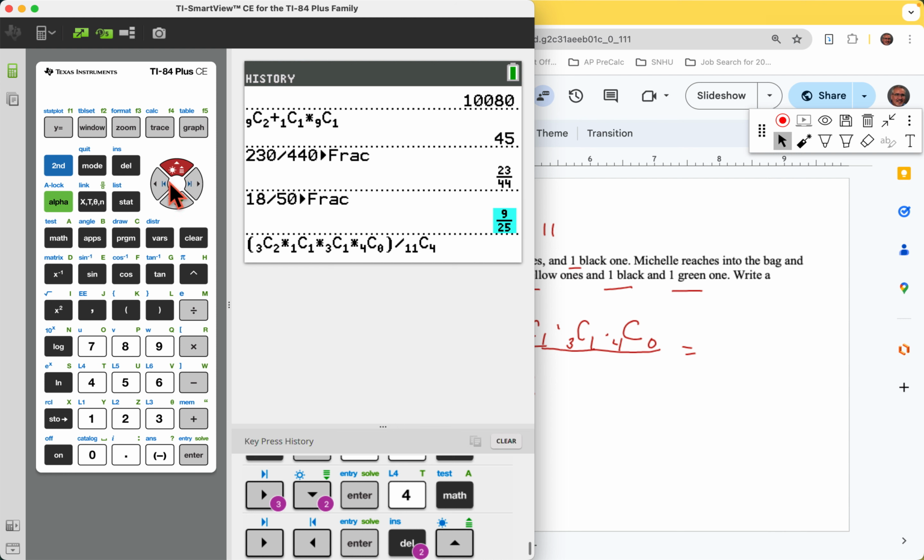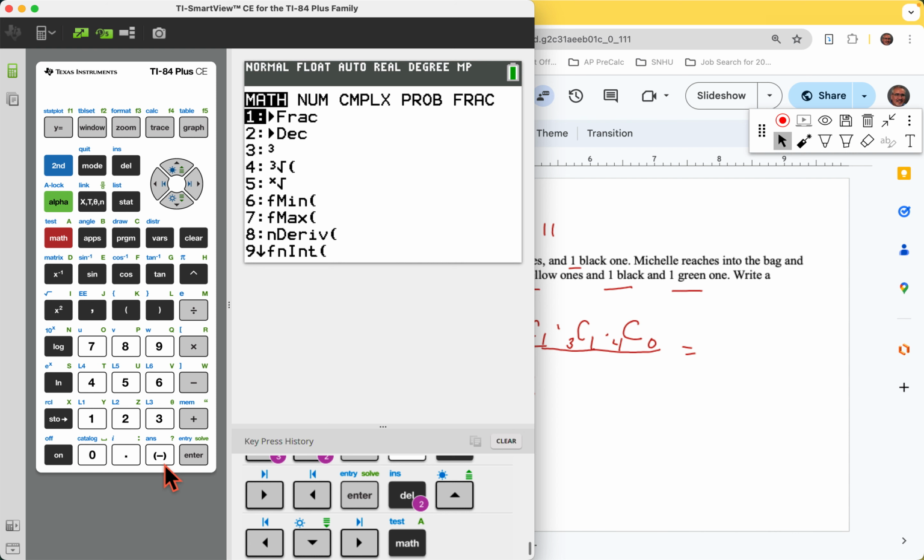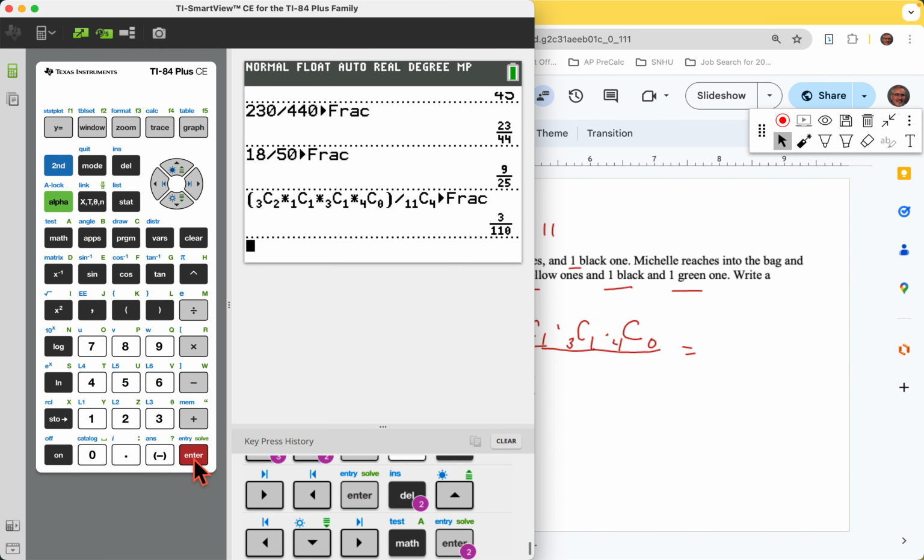I need to go up onto the line when I do that. So some of these, again, practice, practice, practice. Do this: 3 out of 110. That's the probability. Each of these will be the same. It's just counting how many total marbles are there. That goes in the bottom.